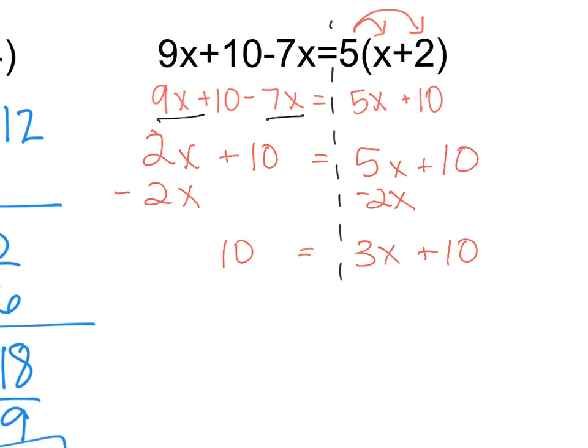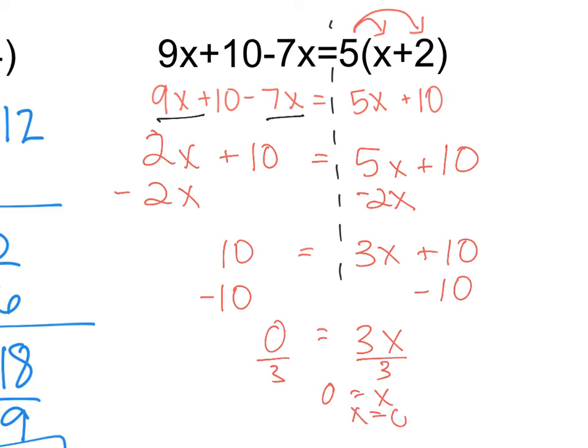Now we're going to move this 10 away. So we've got 0 equals 3x. We divide by 3, and we know that 0 divided by 3 is 0, or x equals 0, and that is our answer.